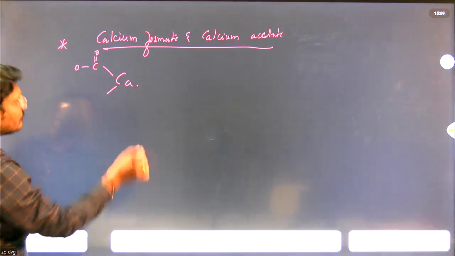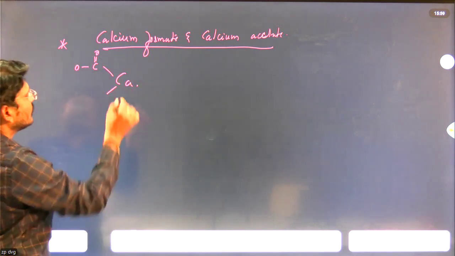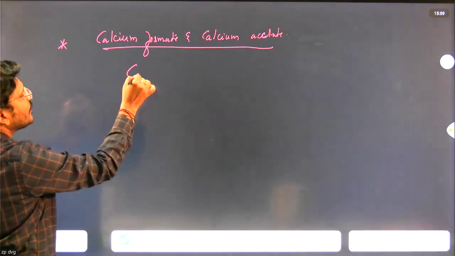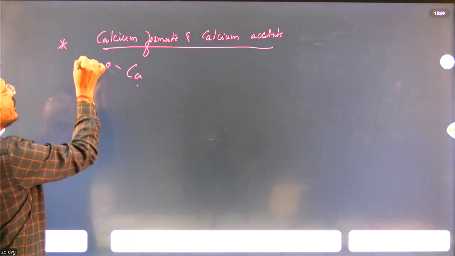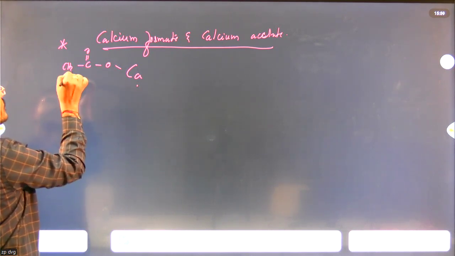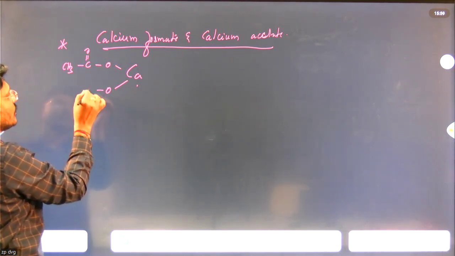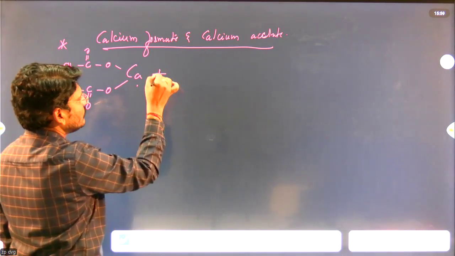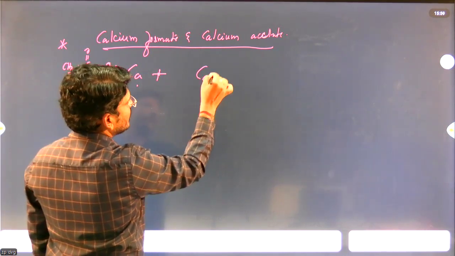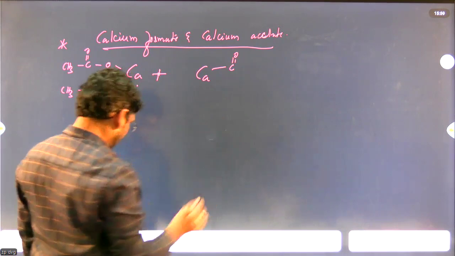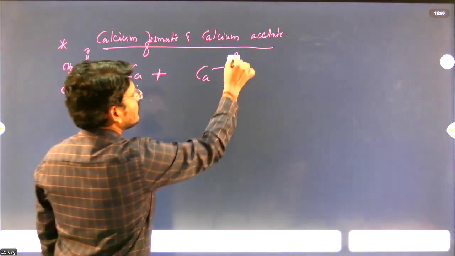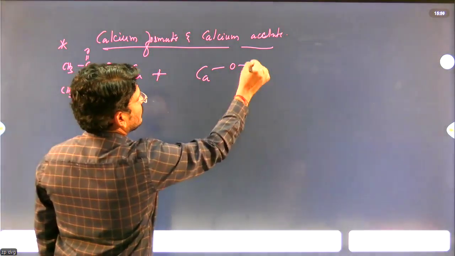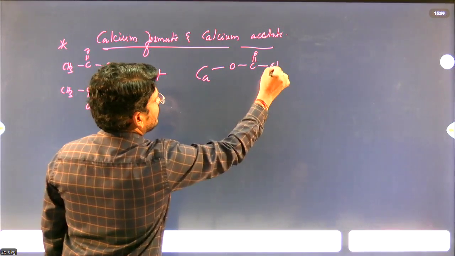Wait a minute. So here you can consider calcium, here O C double bond O, here CH3. So here it contains O C double bond O CH3. Thereafter, plus this should react with the calcium. Here it contains C double bond O, hydrogen.